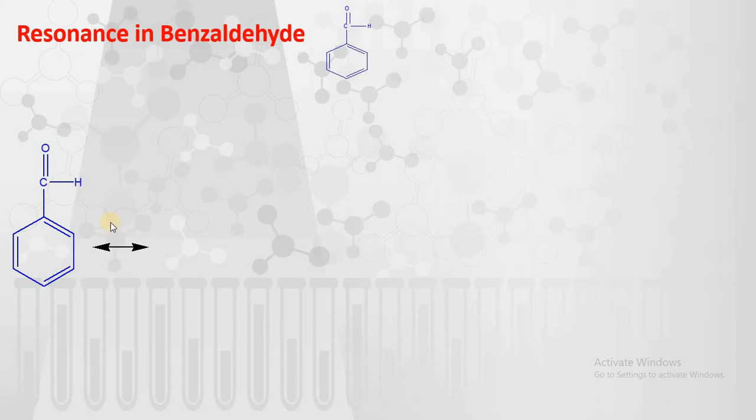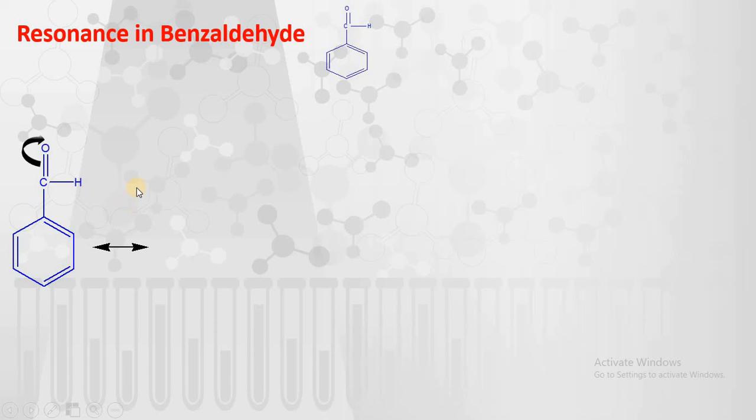In benzaldehyde, the benzene ring is attached to this carbon atom with a single bond. Then after the single bond, there is a double bond or triple bond. Such a system is an electron withdrawing system. This group is an electron withdrawing group which withdraws the electron density from the benzene ring.